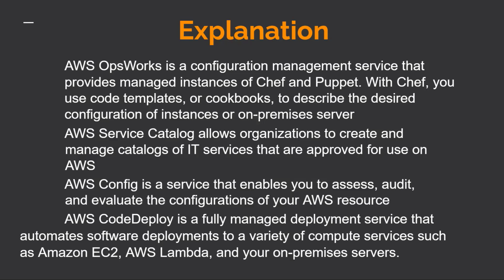AWS Config is a service that enables you to assess, audit, and evaluate the configurations of your AWS resources. AWS CodeDeploy is a fully managed deployment service that automates software deployments to a variety of compute services such as Amazon EC2, AWS Lambda, and your on-premises servers.